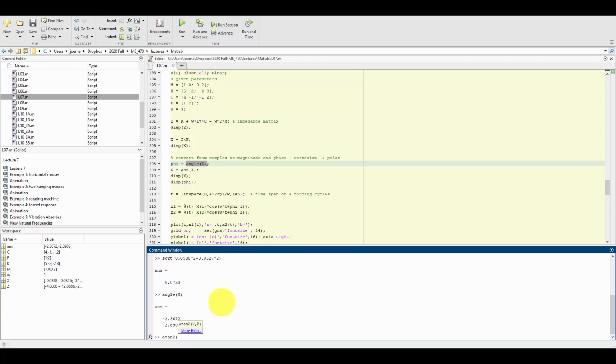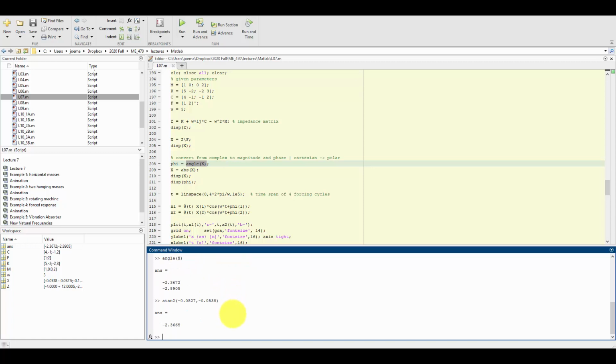So let me again do this for just the first element of x. So negative 0.0527. And here the negative is going to be important. And then x, the horizontal or the real part, also important that we include its sign, negative 0.0538.